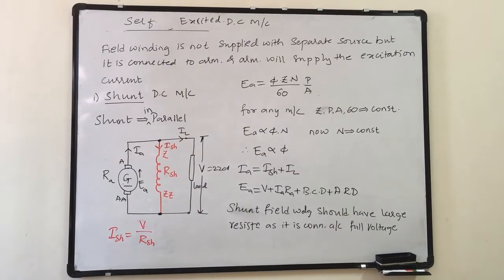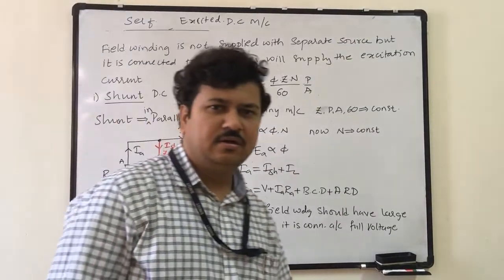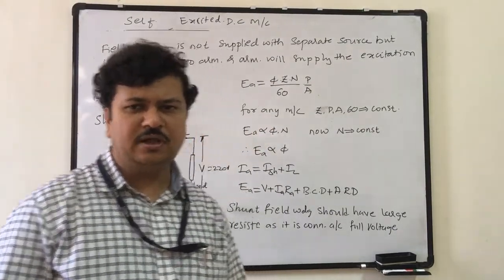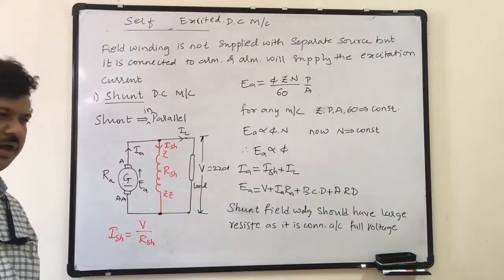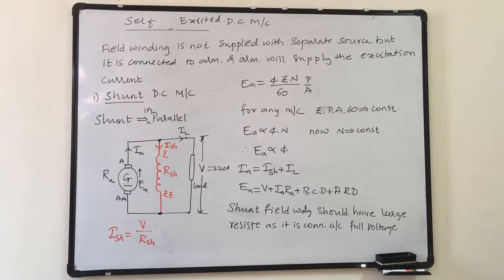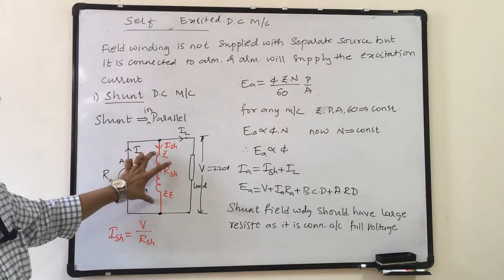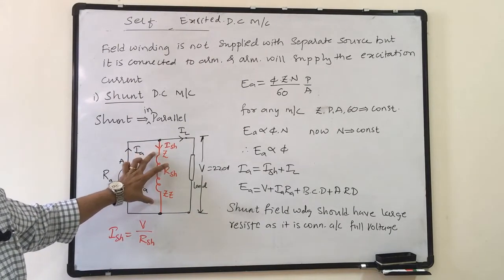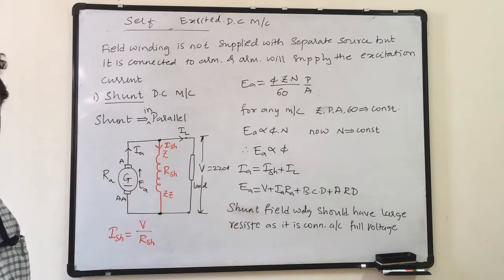Now, how can I provide large resistance to the winding? It is not feasible to add external resistance, because that becomes a non-inductive part of the circuit. The field coil should be inductive, and it also should be highly resistive.